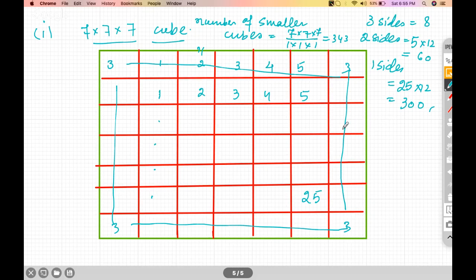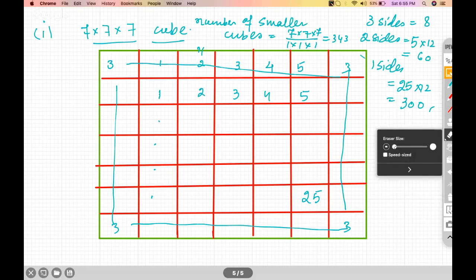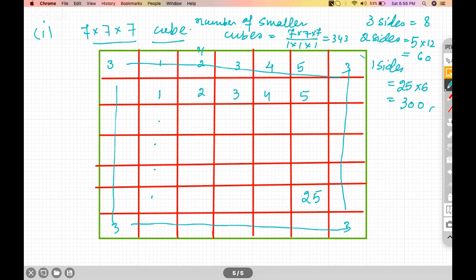So total, sorry, 25 into 6, I'm sorry. 25 into 6, it will be 125. So 3 sides painted are 8, 2 sides are equal to 60, 1 side is equal to 125.